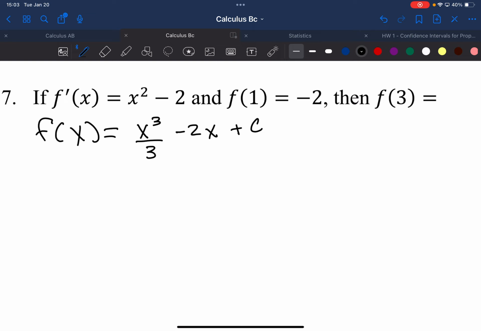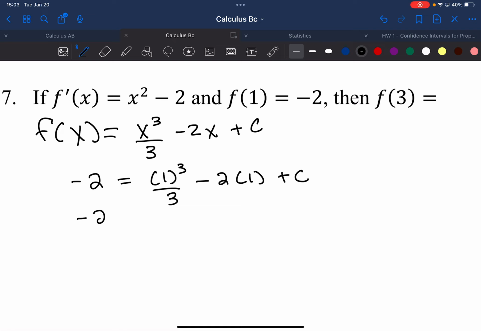From here, once I found that original function, I am given the information that f of 1 equals negative 2. So I can write negative 2 is equal to 1 cubed over 3 minus 2 times 1 plus c. And I can solve for c and actually replace that into my original function.